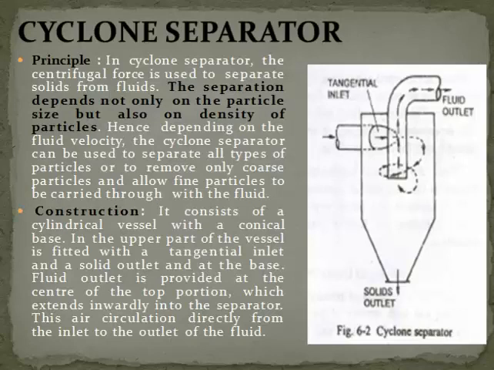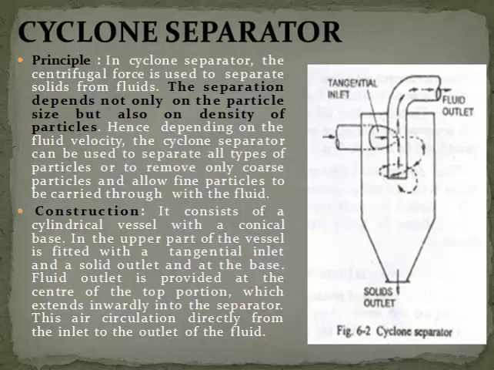It works on the principle that centrifugal force is used to separate solids from fluid. The separation depends not only on the particle size but also on the density of particles.